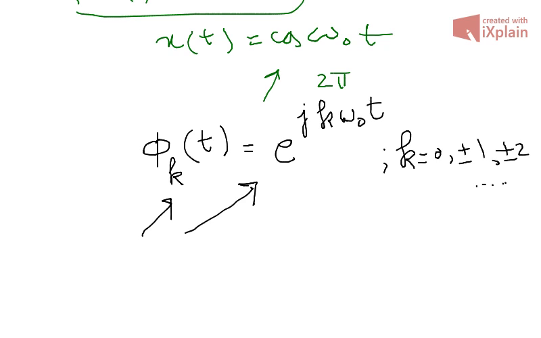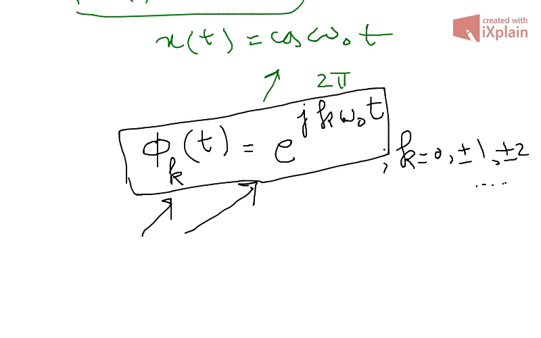So keep this in mind, because these functions are used in the Fourier series, and these complex exponentials can be viewed as sinusoids, like the sine and cosine waveforms which are real signals.